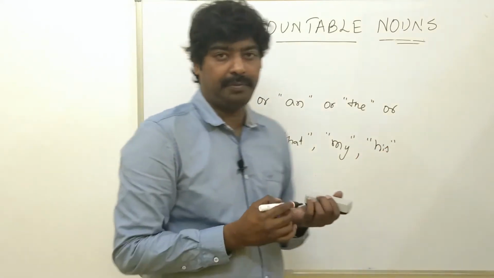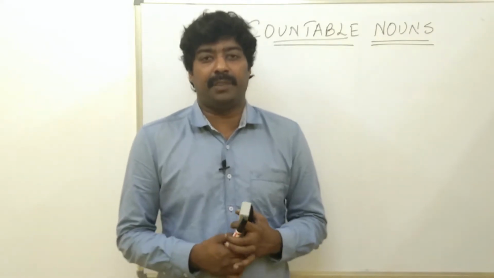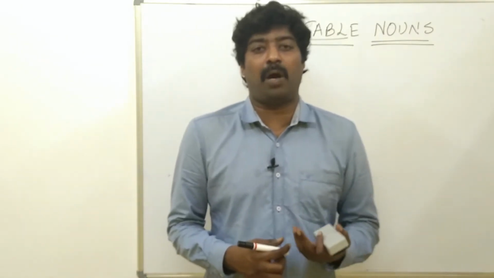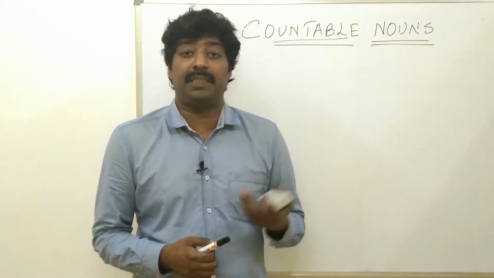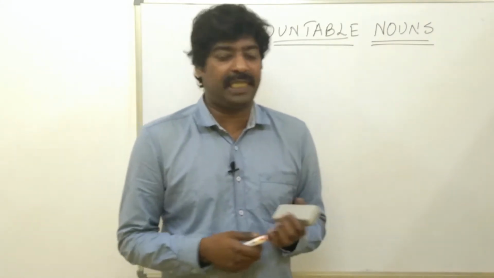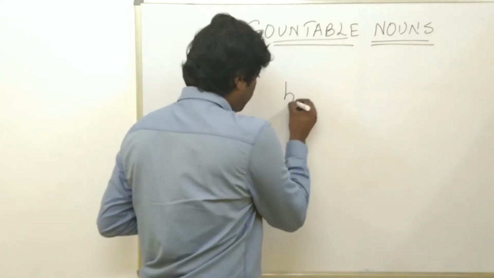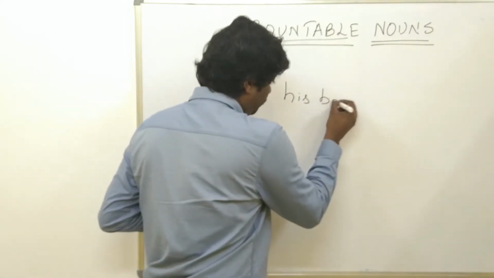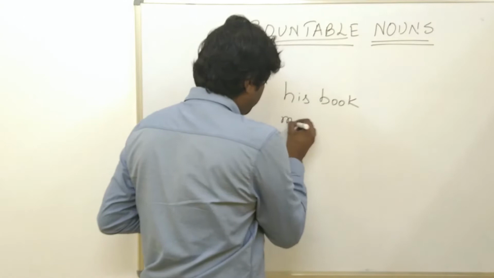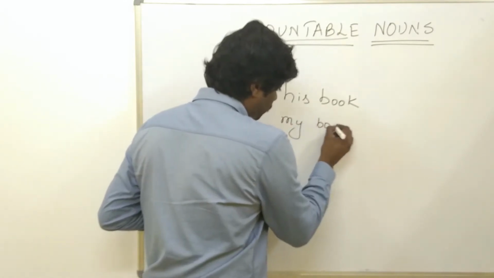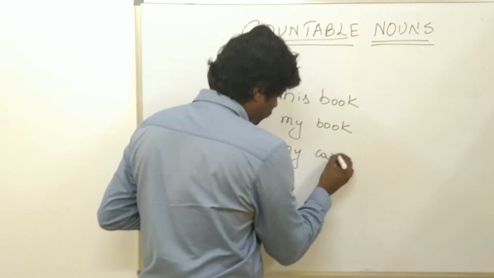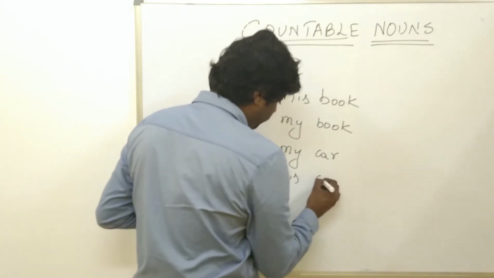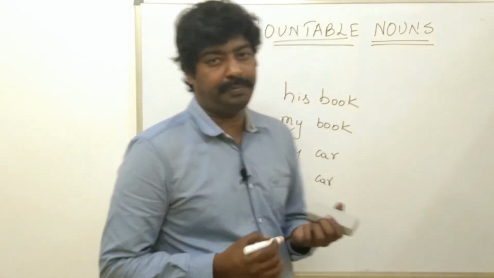We need some kind of determiner which gives us information about a singular noun. Therefore, we must use a determiner with a singular noun. So we have to say his book, my book, my car, his car, and so on.